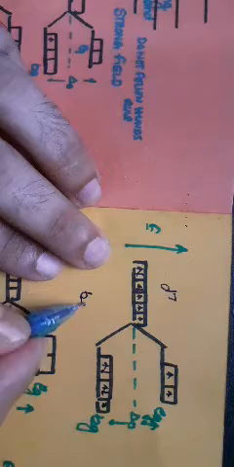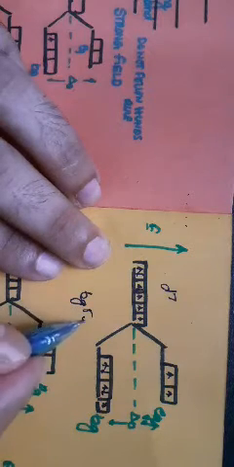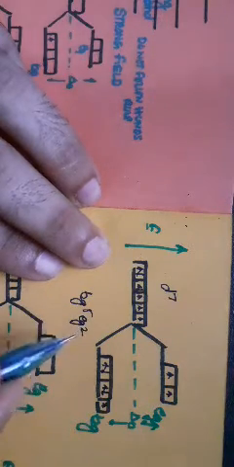So its configuration will be t2g5 eg2 in weak field.